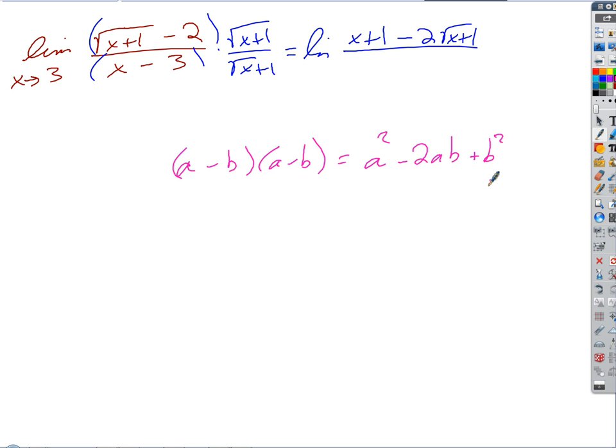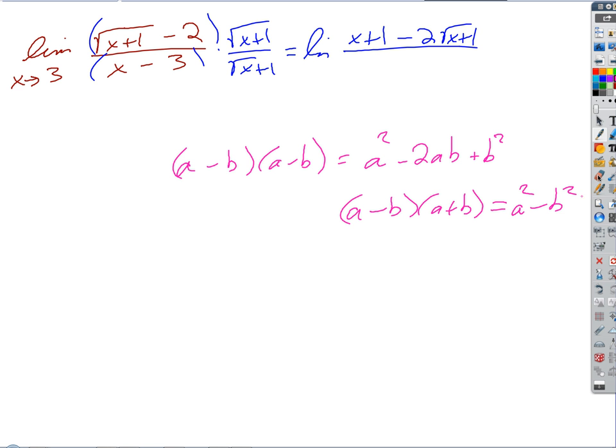The square terms undo a square root, but that product in the middle doesn't. I'm going to get a cross product that still involves a radical. However, a minus b times a plus b equals a squared minus b squared. Excellent, right? Squaring a and squaring b is perfect because that undoes the radical.